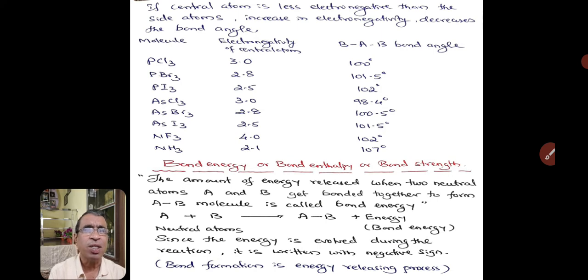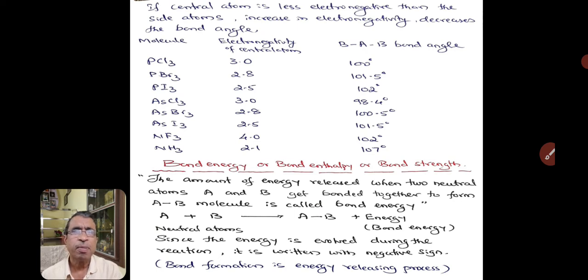In such cases, the bond angle increases from 100 to 101.5 degrees. In phosphorus triiodide, the electronegativity of iodine is 2.5 and the bond angle is 102 degrees.